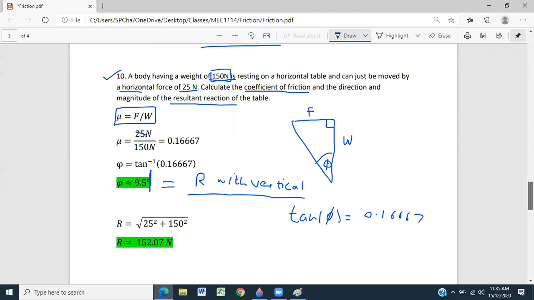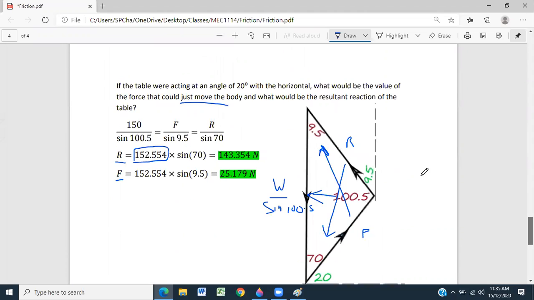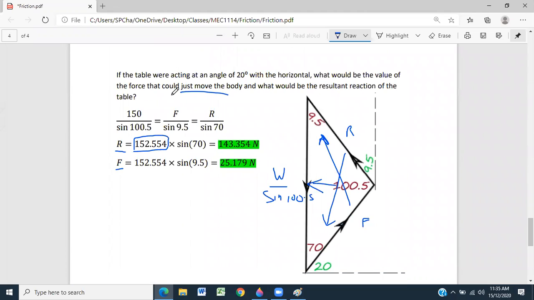So the weight of the body doesn't change, does it? No. What would be the value of the force that could just move the body? It's the same body we're talking about, so the 150 stays the same.